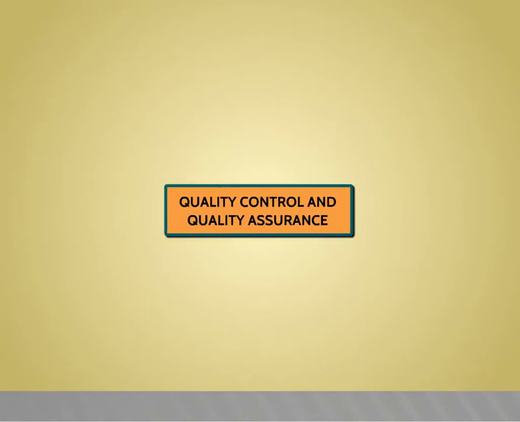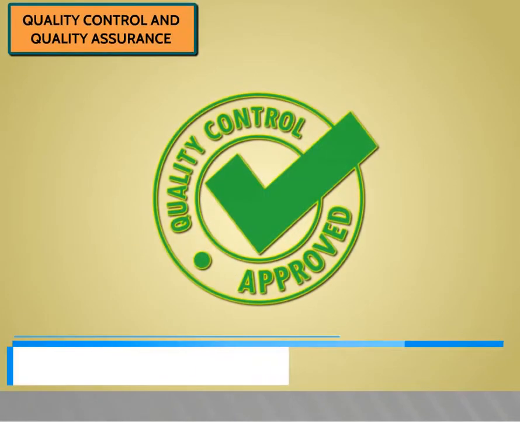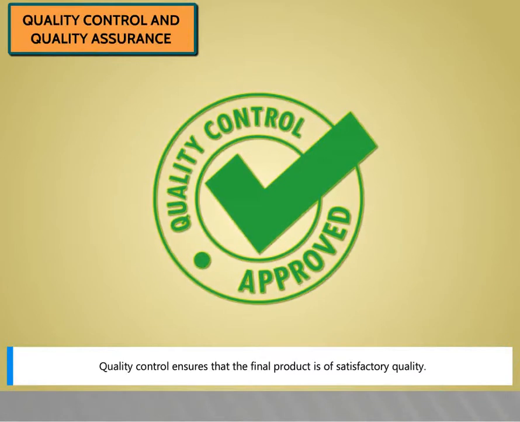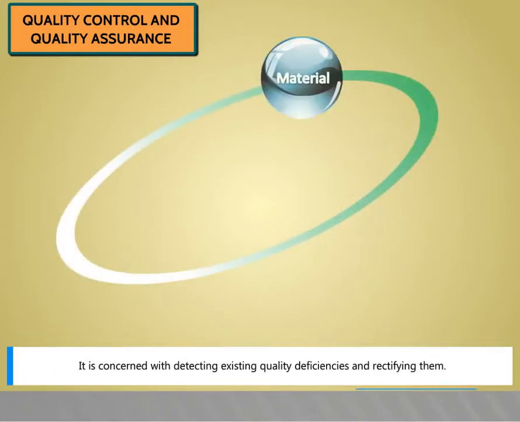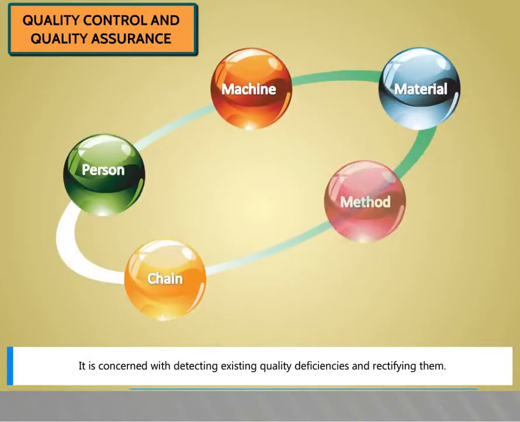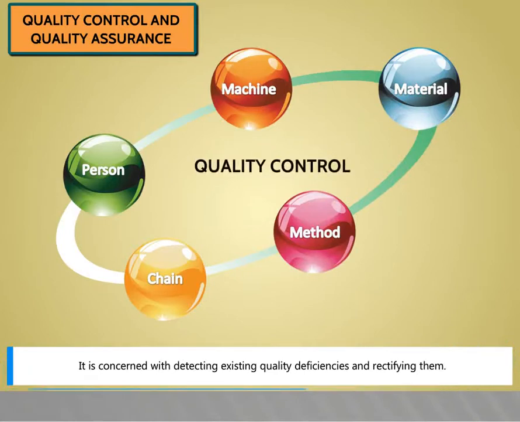Quality control and quality assurance. Quality control ensures the final product is of satisfactory quality. It is concerned with detecting existing quality deficiencies and rectifying them.